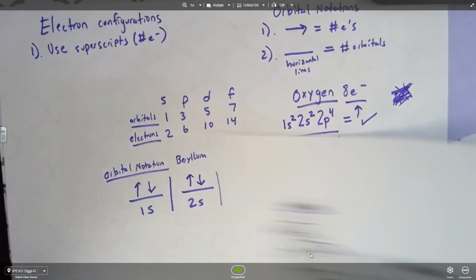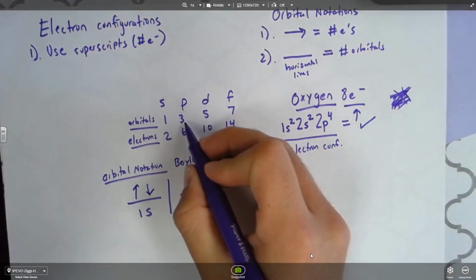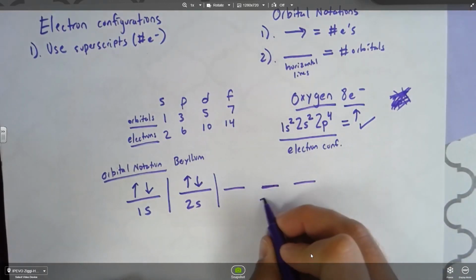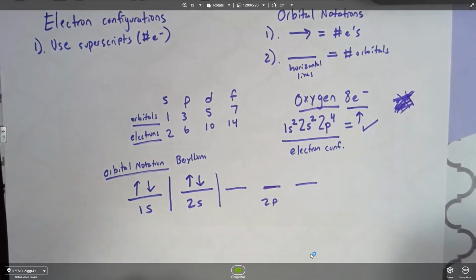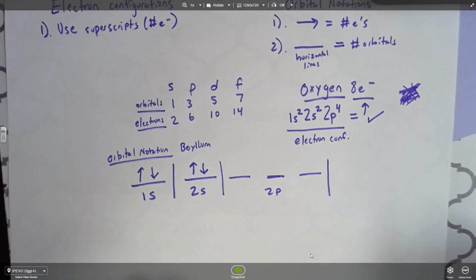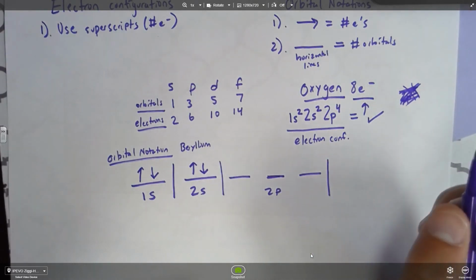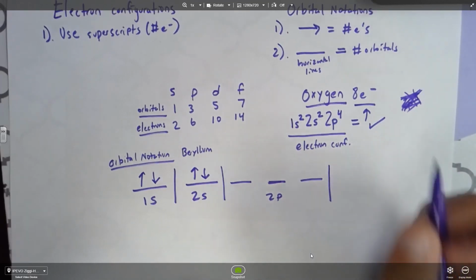But they also have the same number of orbitals, 3. So we need 3 horizontal lines. Even if you don't use up all the orbitals, you still have to draw them, okay? And you'll see that in a moment when we do a few more. So for 2p, we need 4 electrons, and electrons are represented by arrows.